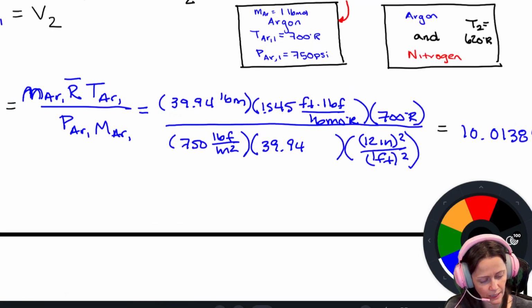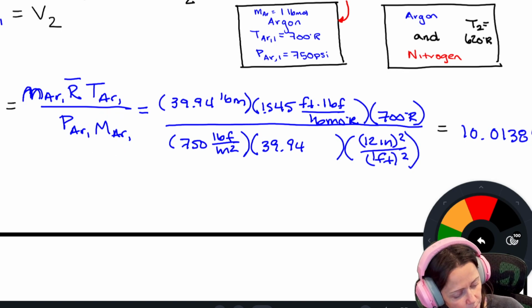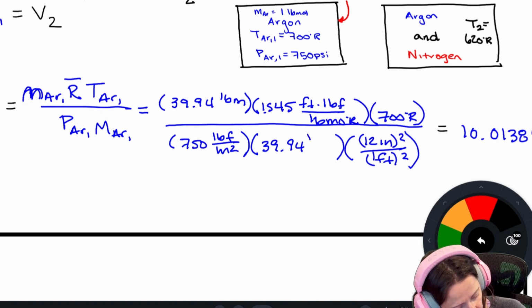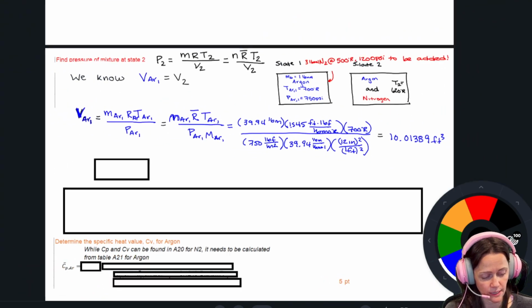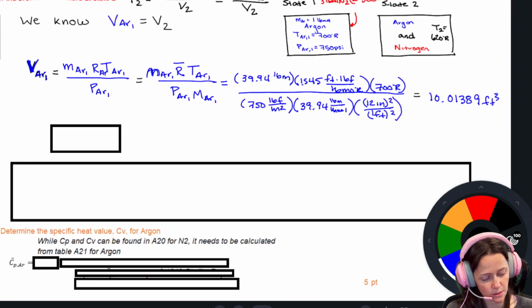The molar mass is not pound force per inch squared, but it is pound mass per pound mole. Perfect. And then I just need to reconcile my units and get things in terms of feet cubed.